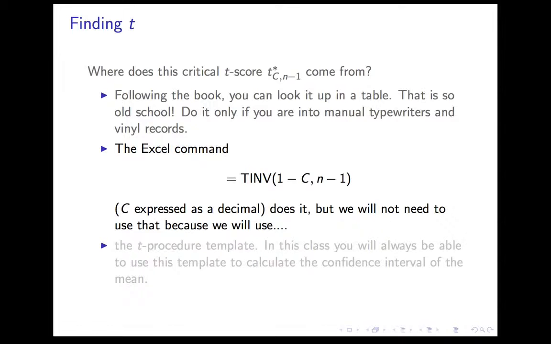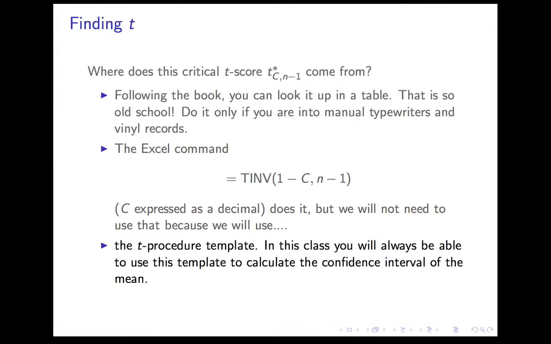That will always work whenever you have access to Excel, which I hope is true for the rest of your statistical life. But in fact, we won't use that. Well, we won't use it directly. We'll use a template that has that command built into it, which is called the T-procedure template.